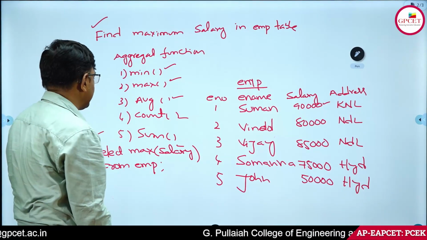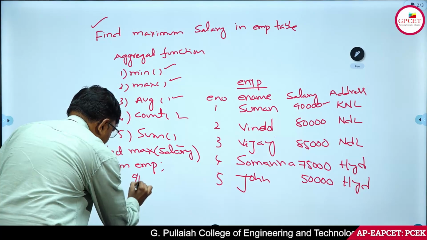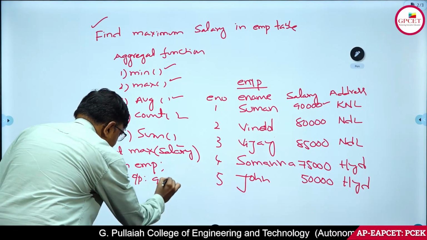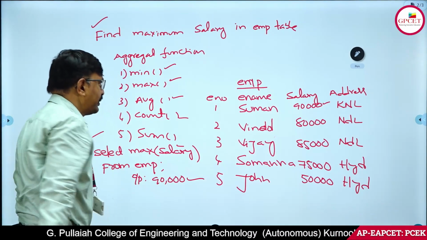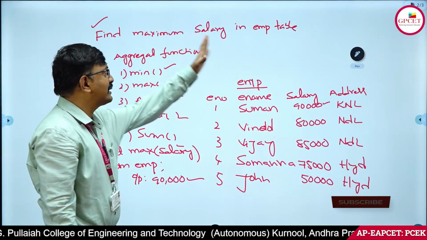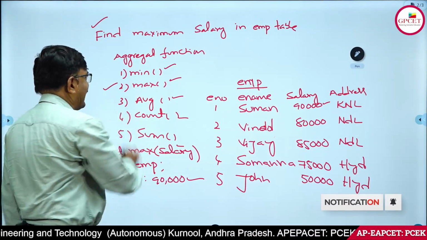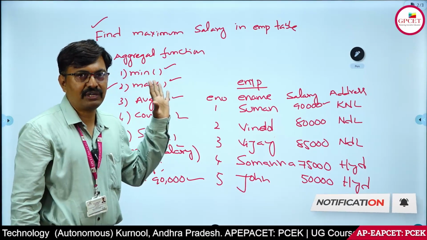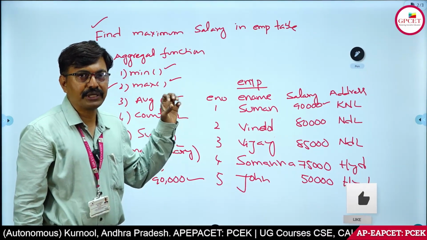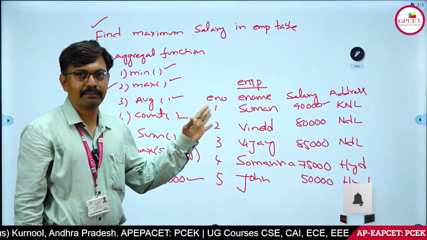The output is 90,000, the maximum salary. We find the maximum salary using the max function, an aggregate function that finds the maximum value in our table.